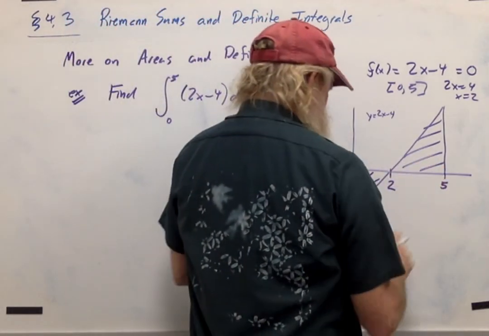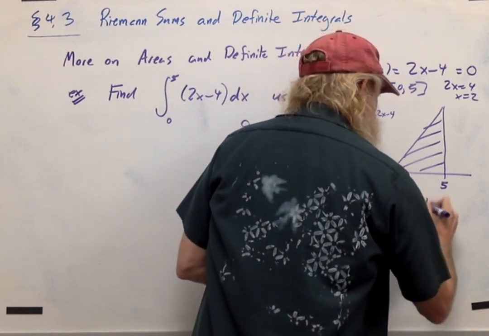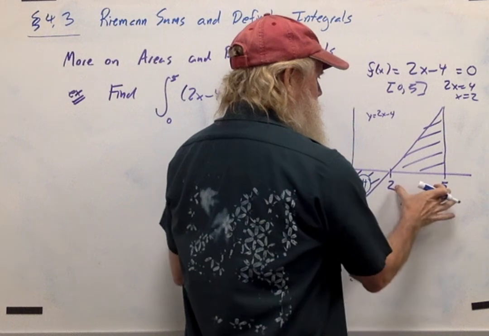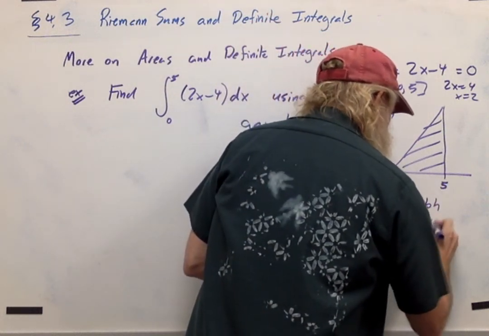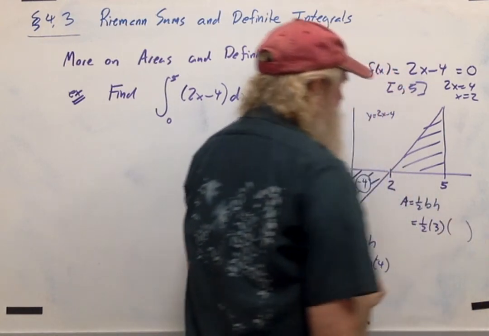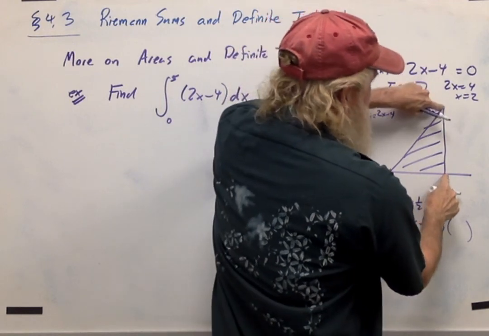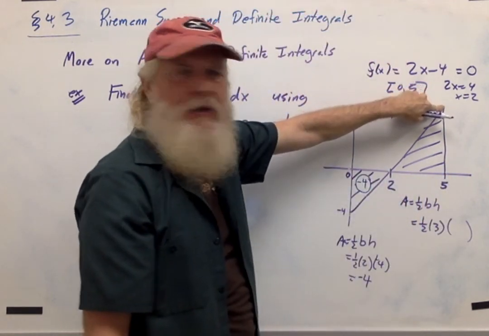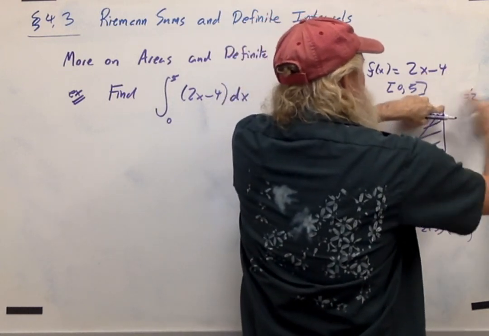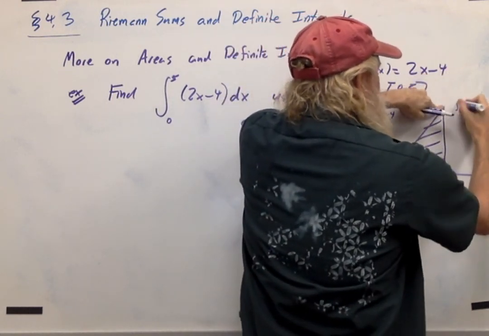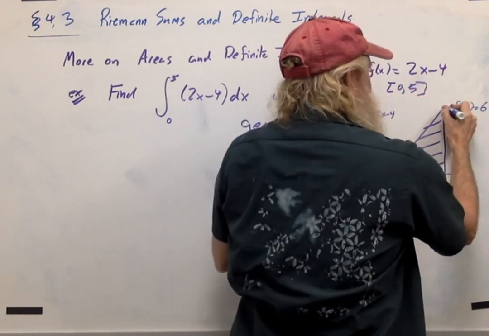Now over here, calculating area, the base is 3. And I don't see the height directly, so in order to find out the height, I need the y-coordinate of this point, which I can get by plugging 5 into the function. So notice that f of 5 is equal to 10 minus 4, or 6.